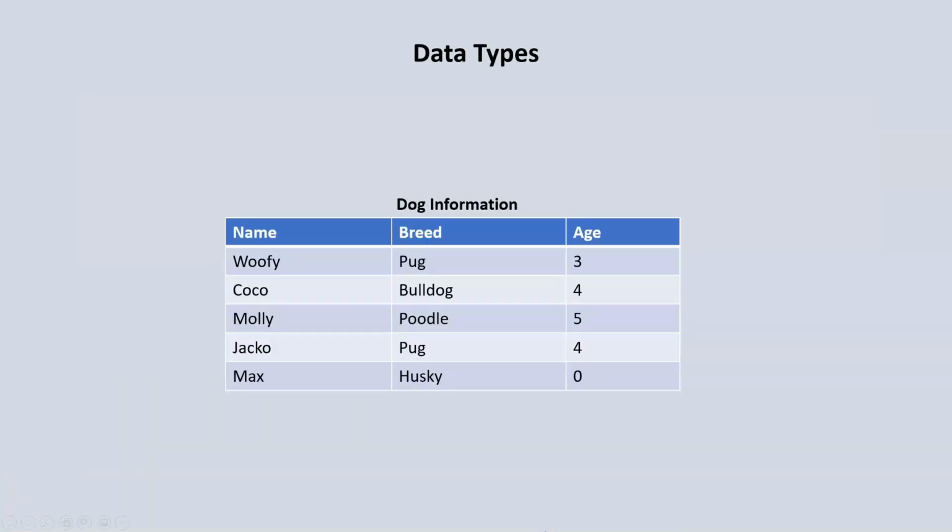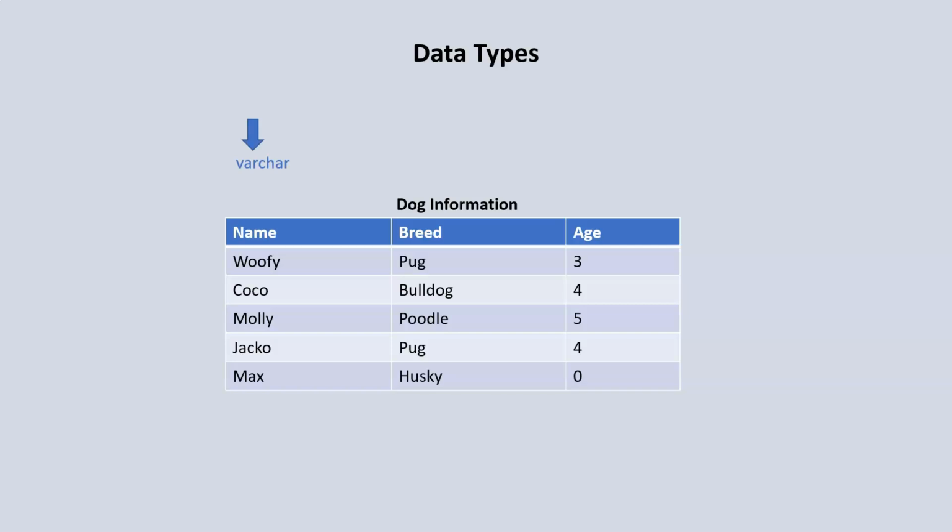Just to illustrate what the data type would look like in a table, we have a table that contains some information about dogs. The first column has the names of the different dogs. The second column has the different breeds. And then we have the ages of the dogs in the last column.